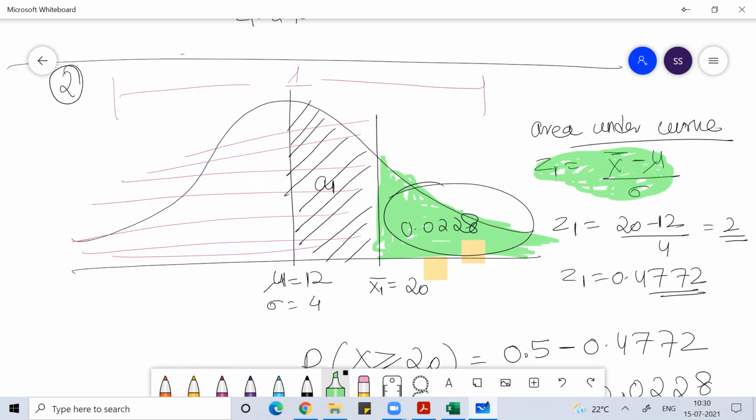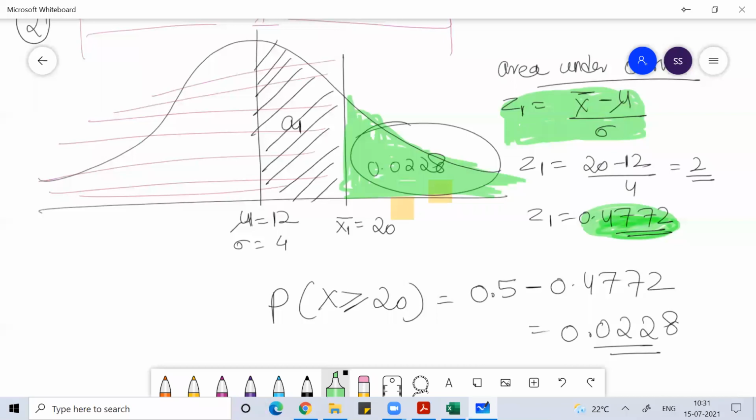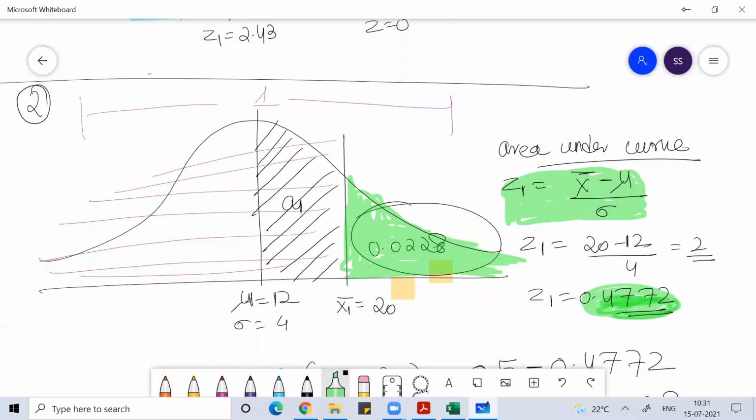By using this formula, you can find the area from your central axis to any particular region. I found the area using this formula and then locating the same value in the normal distribution table. I got the area between 12 and 20. If I'm looking for an area greater than 20, then that would be 0.5 minus this area. And for all the area less than 20, it would be this.